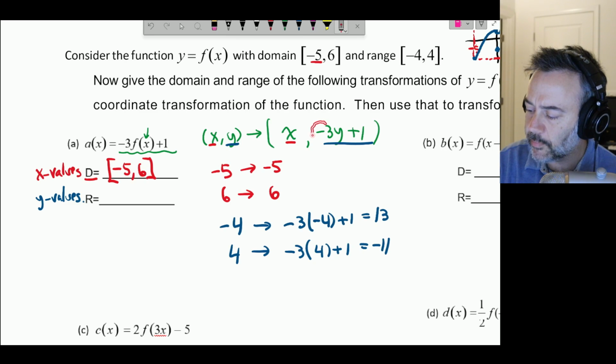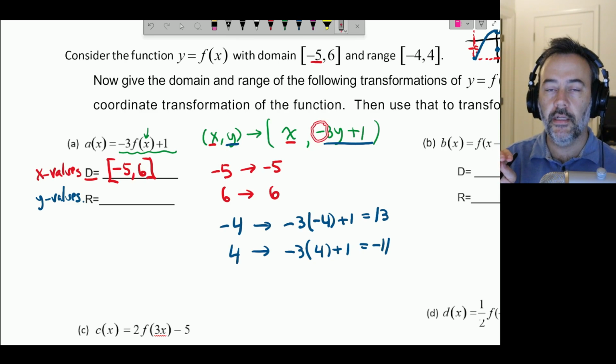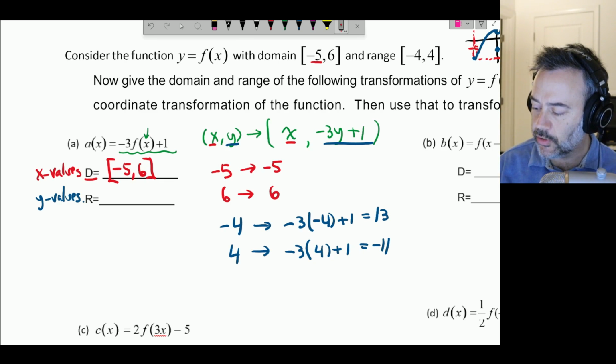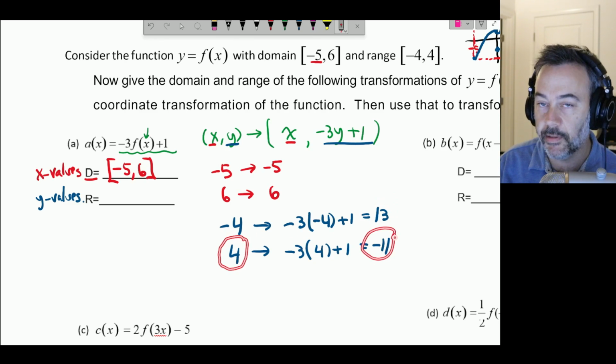Notice in this example, this minus sign actually swaps the range vertically because that minus sign flips this over the x-axis. So what used to be the minimum of the range became the maximum of the range, and what was the maximum of the range became the minimum.